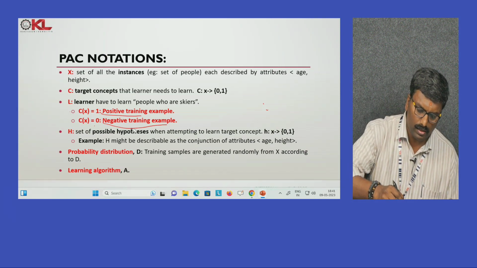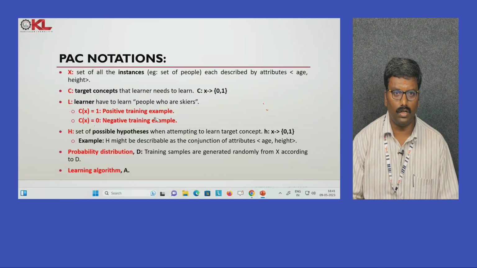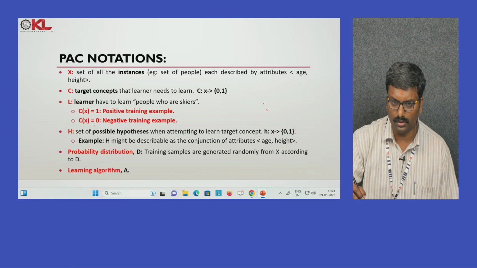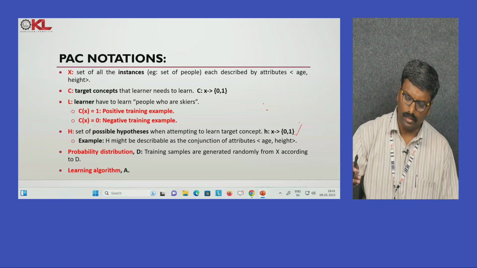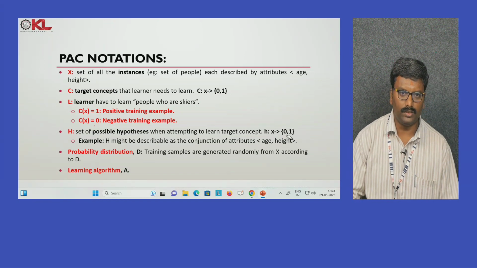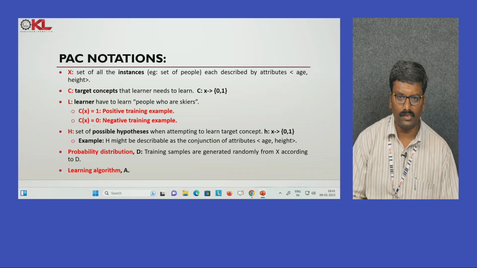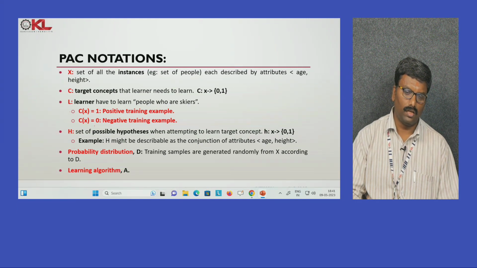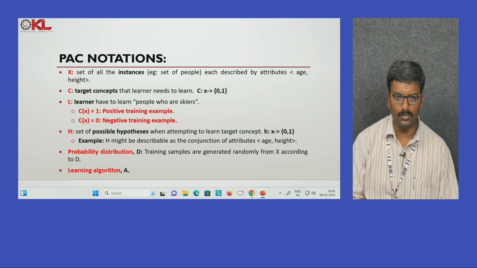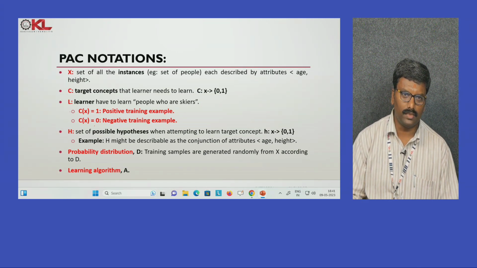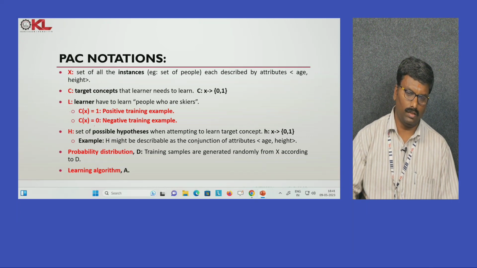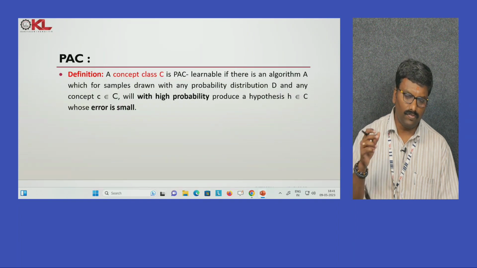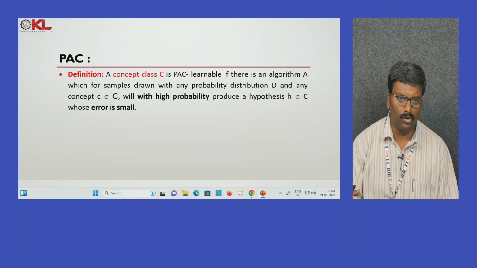The fourth notation is the hypothesis, the possible hypothesis H, X mapping to {0, 1}. The next notation is the probability distribution D, and the training samples are generated randomly from X according to the distribution D. And the last notation is the learning algorithm, denoted by capital A. In total we use 6 different notations in PAC learning. By using the above 6 notations, we define the general definition of PAC.